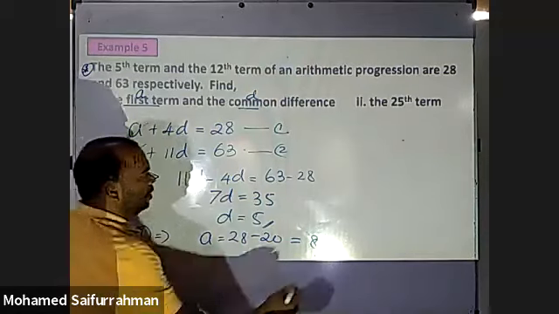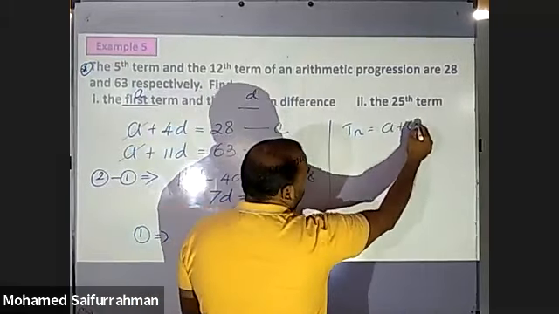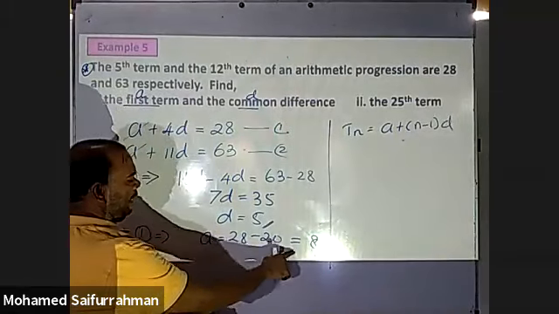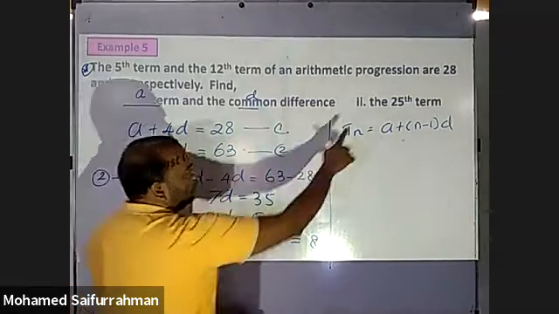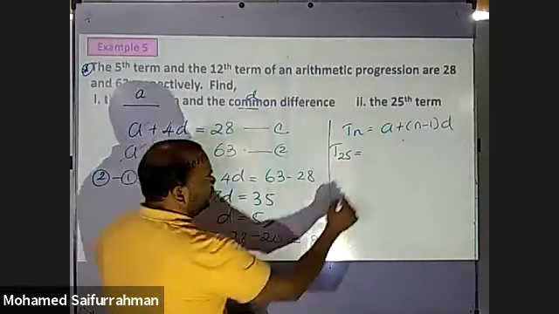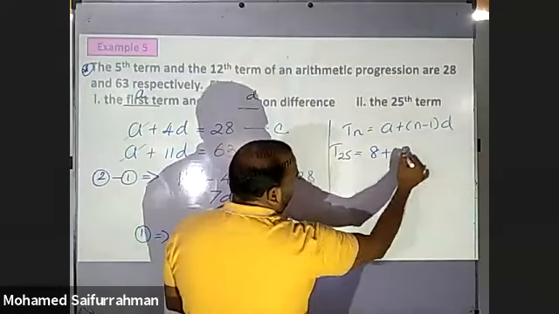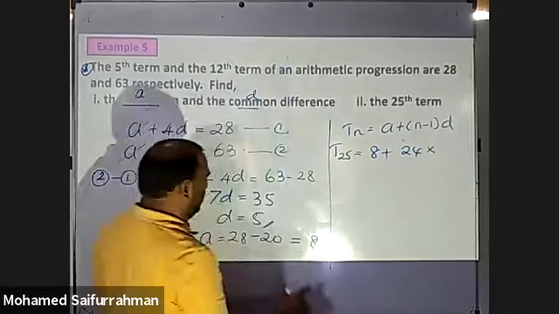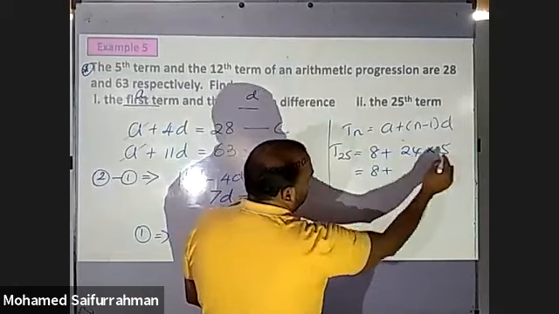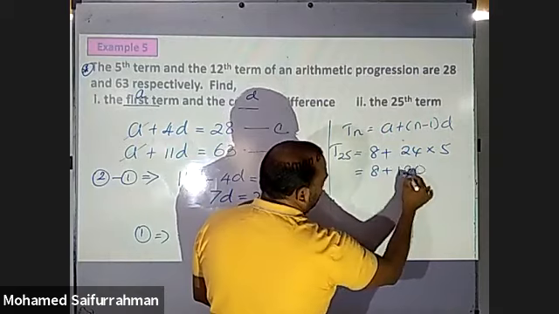Now you can find the 25th term using the equation. a is 8, d is 5, 25th term, T25 = 8 + (25 - 1) times 5, 24 times 5, 8 + 120.